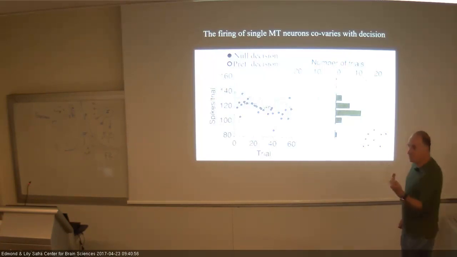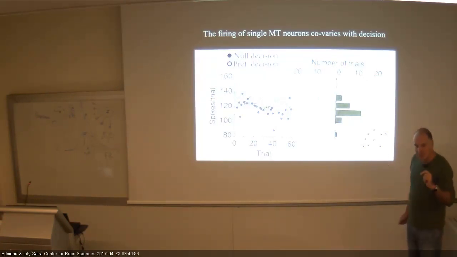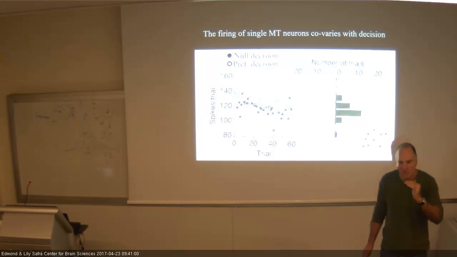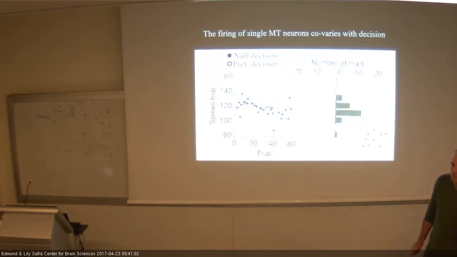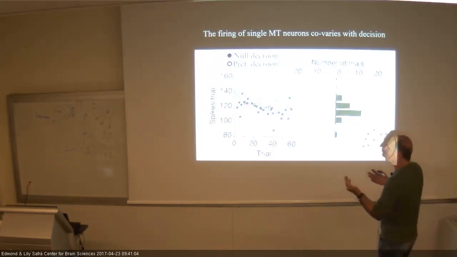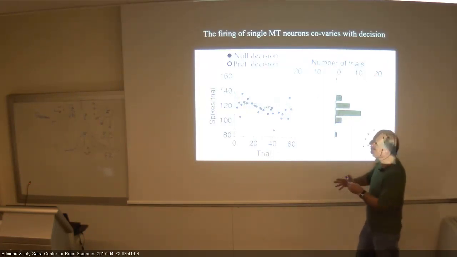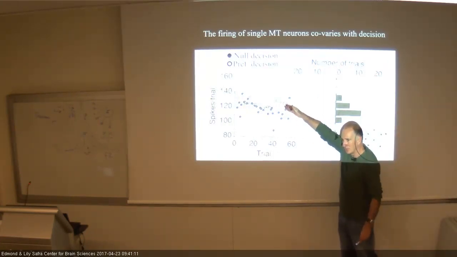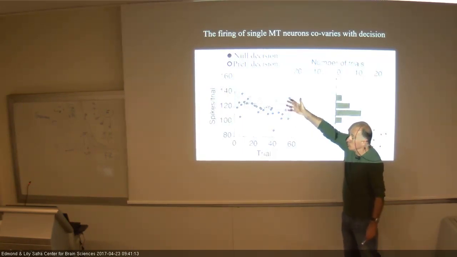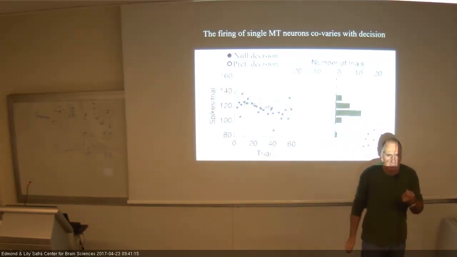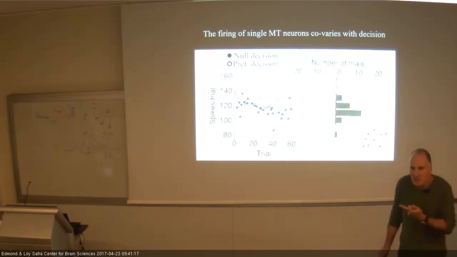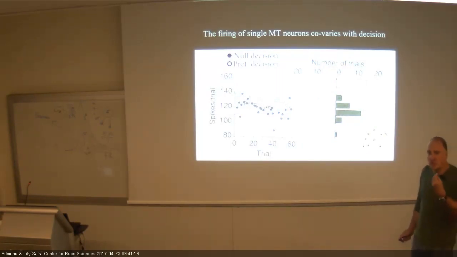So it suggests that the fluctuations in the monkey's response from trial to trial are somewhat related to the fluctuations in the cell's response from trial to trial. That's what we see here. And so it suggests that the cell has an important contribution to the monkey's decision.